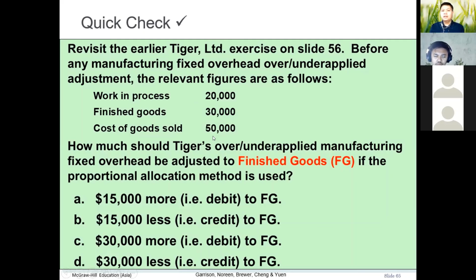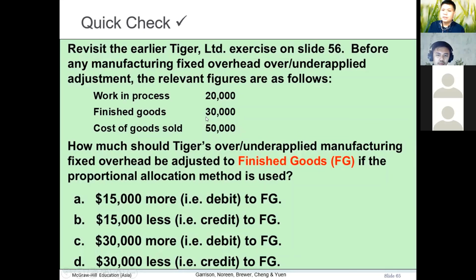Diba? Guys, what will be your fraction for finished goods? Kasi tinatanong niya dito finished goods. Ano ang fraction mo to allocate? 30,000 over 100,000. Yes. Zarina, what's your fraction? 60%.